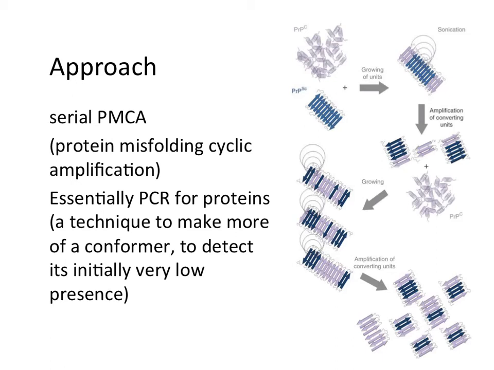You make more misfolded protein, you sonicate it again, that breaks apart those beta sheets into new multiple versions of the prion protein that go forth, and this is the amplification part. So over time, you keep sonicating, you keep growing new beta-pleated versions, you keep sonicating, making more of these infectious, they're nucleating, basically, the conversion of more of this protein and more of this protein.